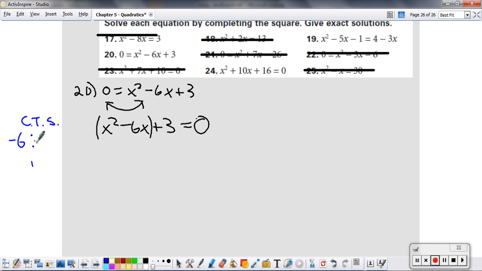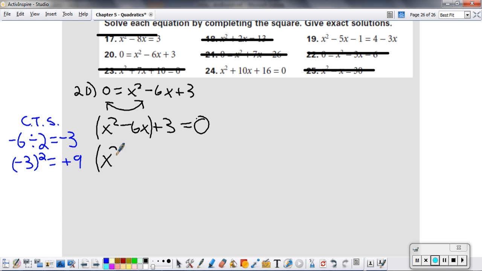Take that, divide by 2, that gives you negative 3. With negative 3, square it, and you get plus 9. So the number I need to add inside this parentheses is positive 9. And the number I need to add on the other side of the equation is also positive 9.